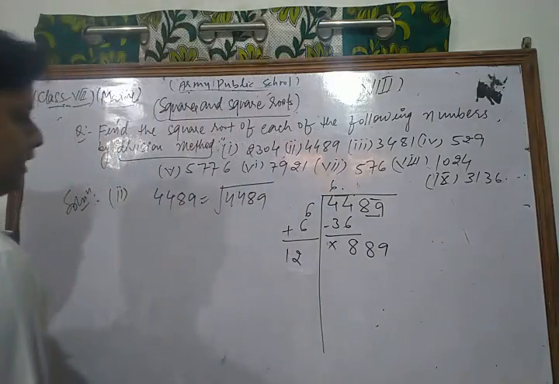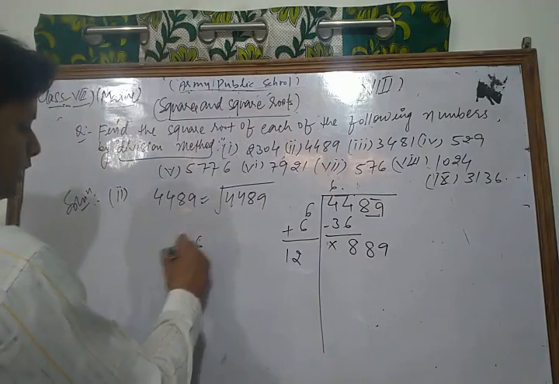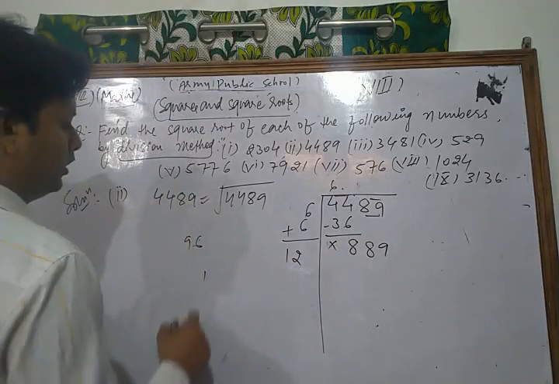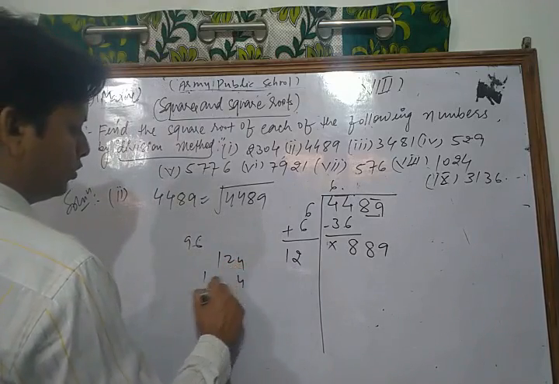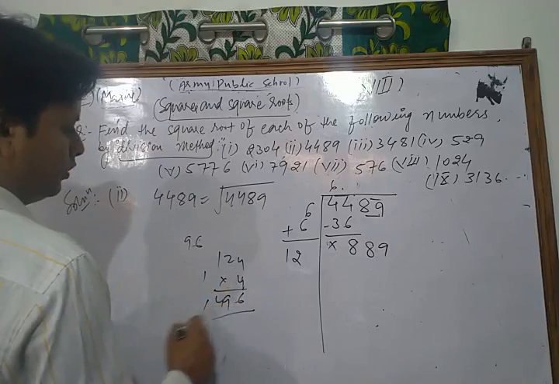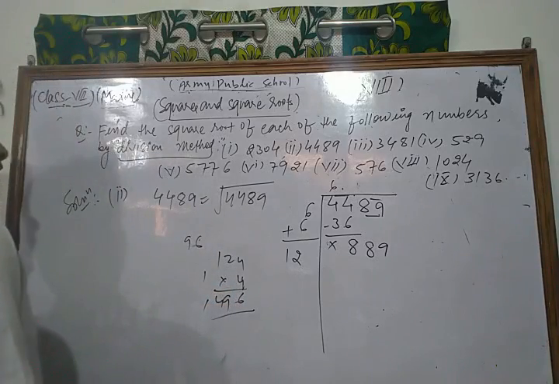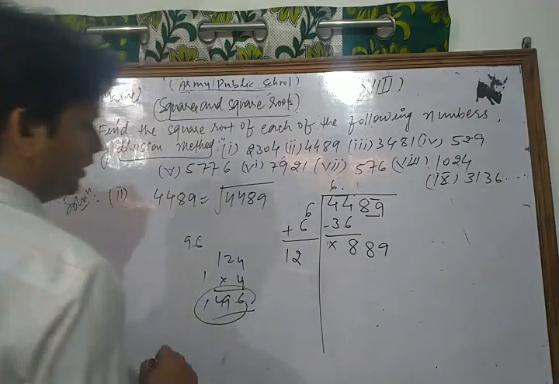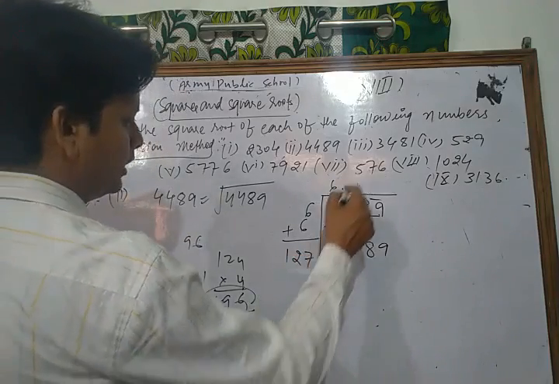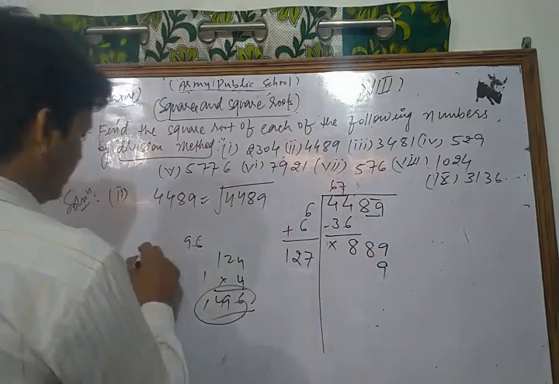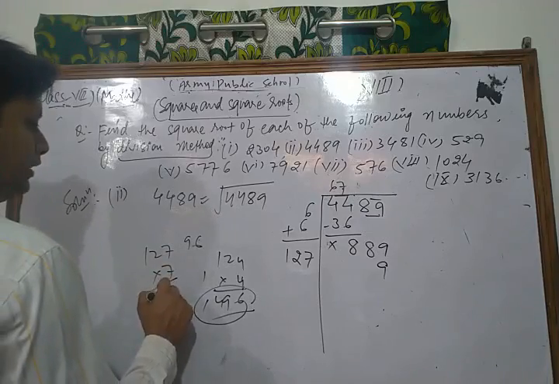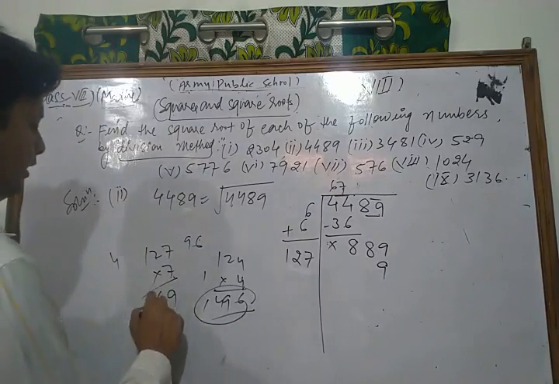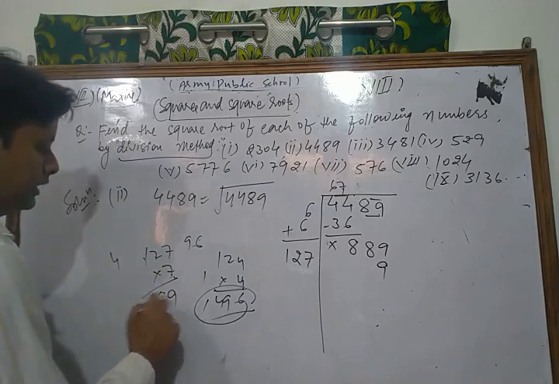Let's see, if we write 4 times, 4 4s are 16, carry 1. If we take 7 times, 7 7s are 49, carry 4, 7 2s are 14, plus 4 is 18, carry 1, 7 1s are 7, plus 1 is 8, so 889.